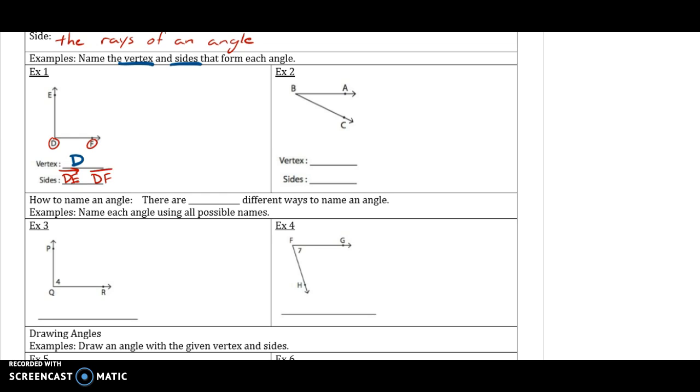Ray DF. Go ahead and label example 2. Your vertex should have been B. Your sides should be ray BA and ray BC.